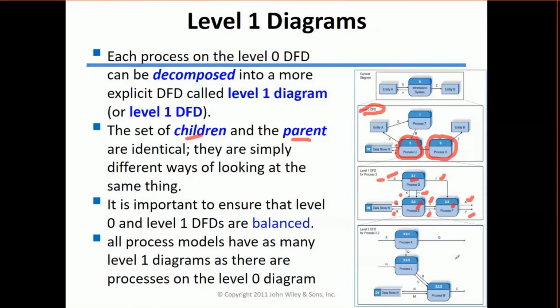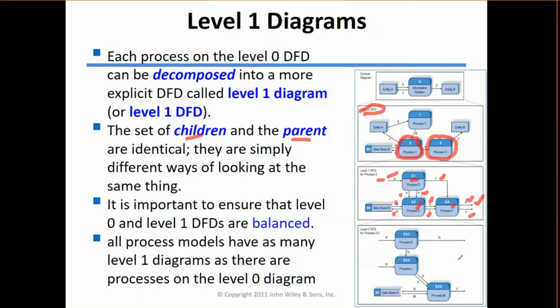So the output you must show somewhere here. It is not necessary that you must show from the first process or from the first child. So like in this case, you see the A is output from 2, but you see here the A is output from 2.3.